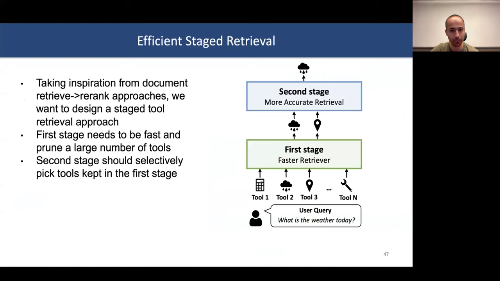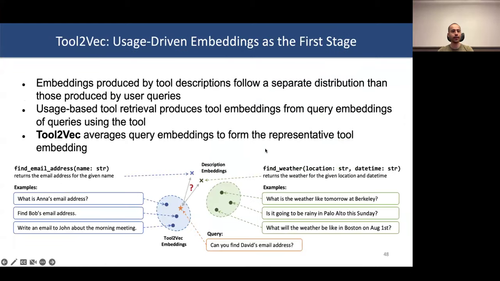So let's say I look at this tool, find email address of a particular person, find email address of Lutfi. And I just look at the tool's string: what's the function definition? Returns the email address for the given name. Let's say I encode this with a BERT model. I get a vector, similar to Word2Vec. I get this X point here.